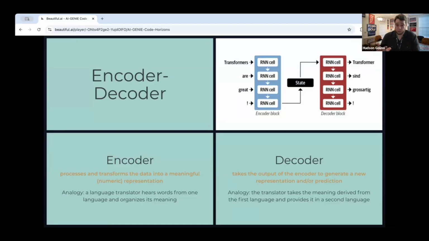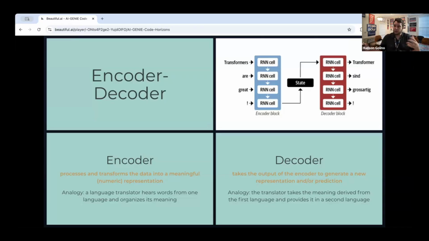So what is an encoder? An encoder block processes and transforms the data into a meaningful numeric representation. So imagine that we have a translator. I'm speaking in Portuguese. The translator knows both Portuguese and English.